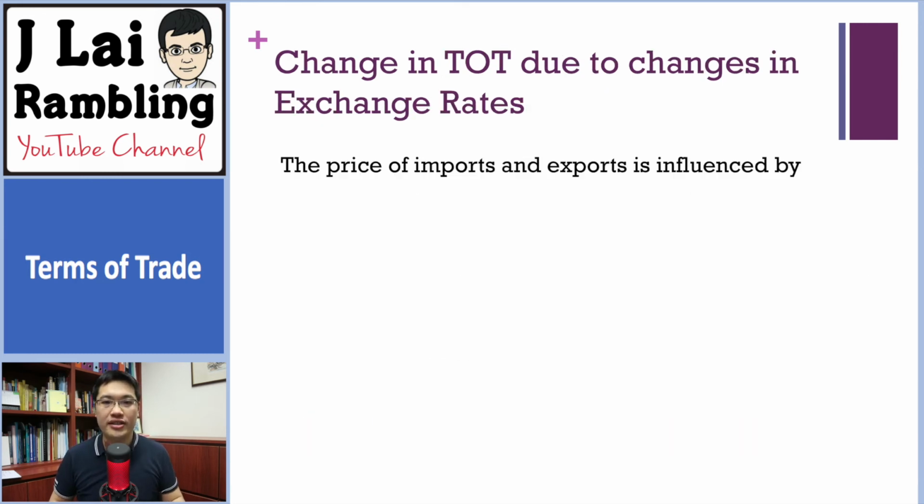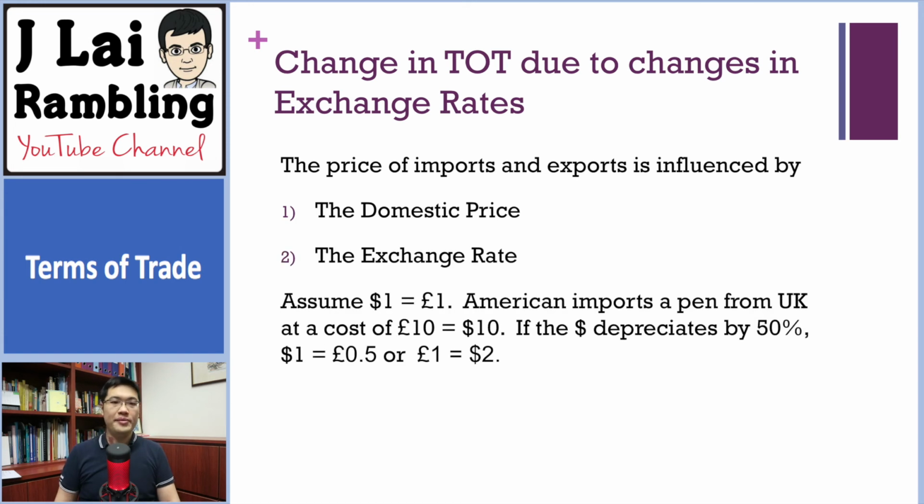What about the changes in terms of trade due to changes in exchange rates? The price of imports and exports is influenced by the domestic price and also the exchange rate. Assume that the exchange rate is $1 US to £1. The American imports a pen from the UK at a cost of £10, which is equivalent to $10.